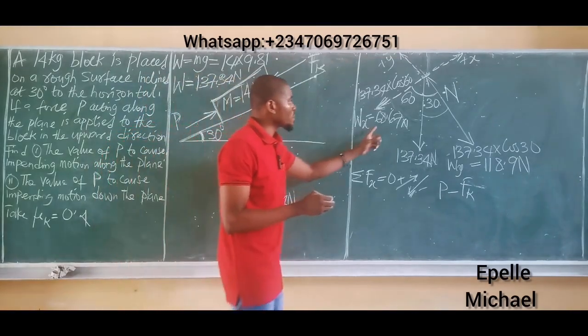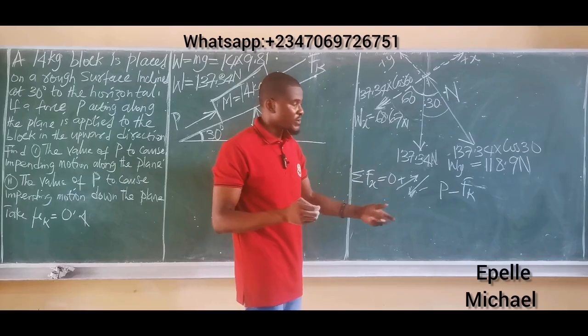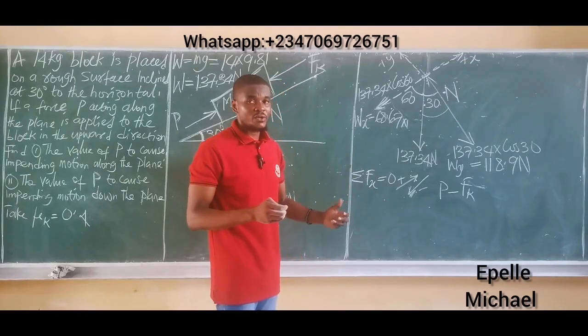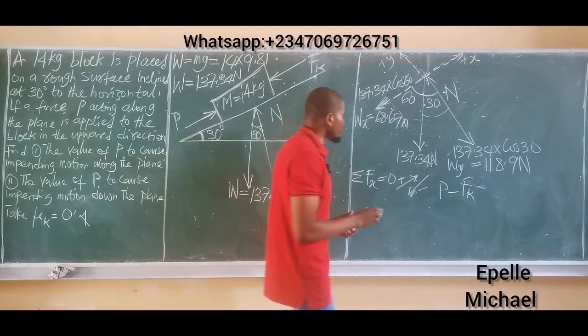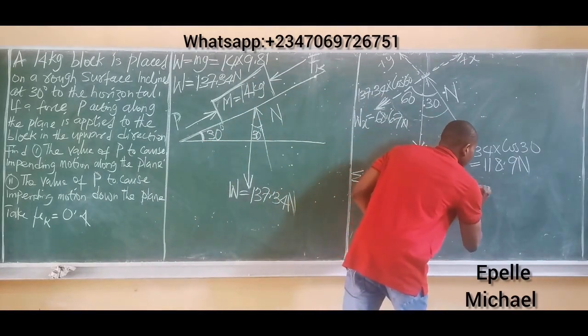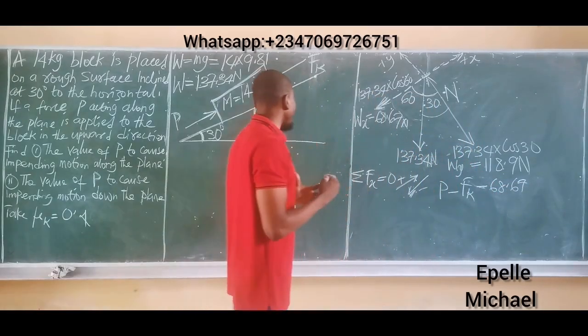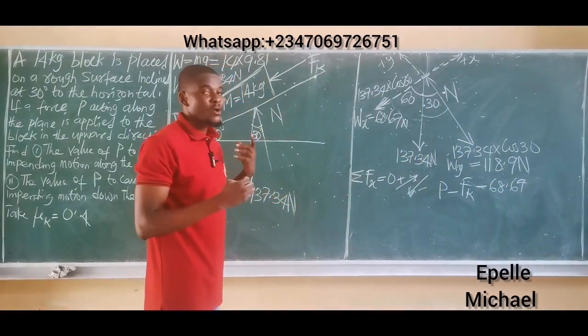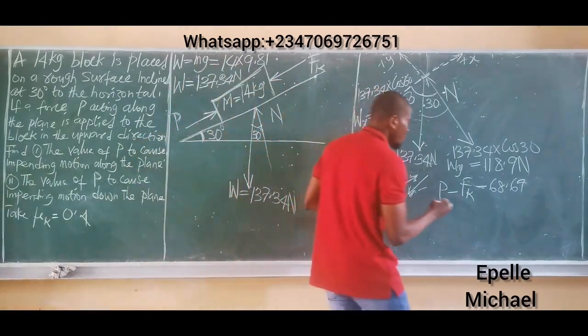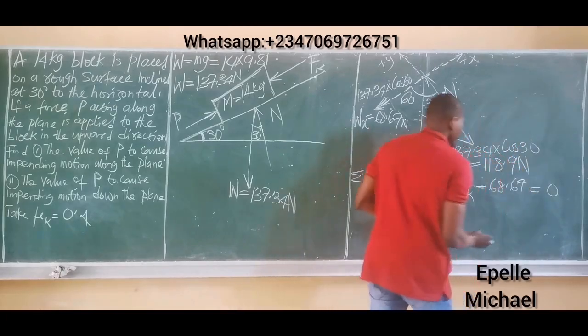As such, this weight component becomes negative because it is opposing the motion of the object. So it becomes minus 68.67. So these are all the forces acting in the horizontal direction. Therefore, the whole of this is equal to 0.